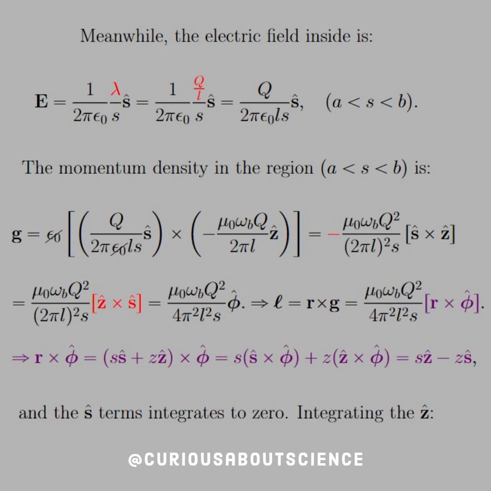So the momentum density in the region between A and B is, well, take the cross product of E and B, and we see that the epsilon cancels, go figure. We had a negative sign out front from the B field. Again, we don't use the contribution of what's inside A for the B field.